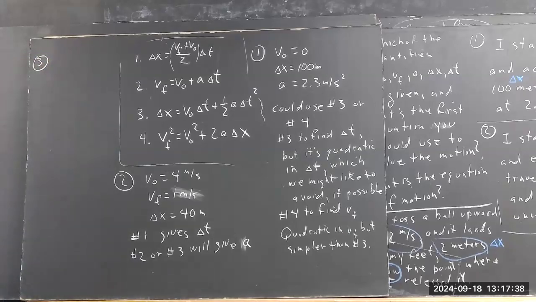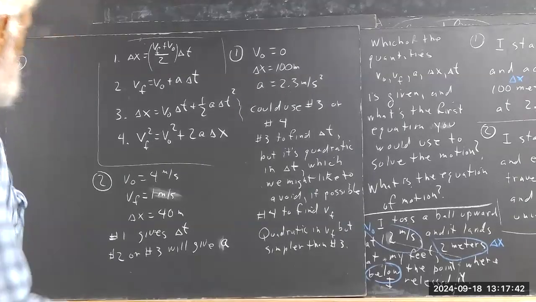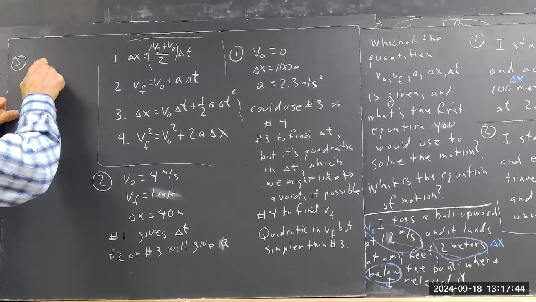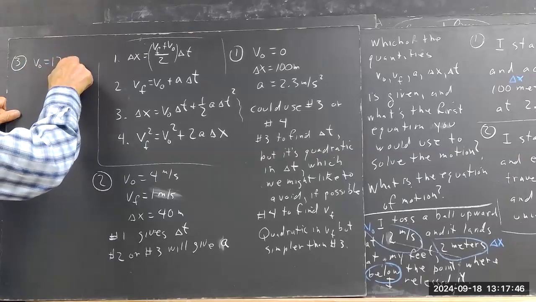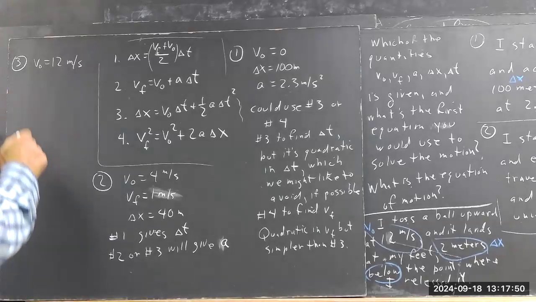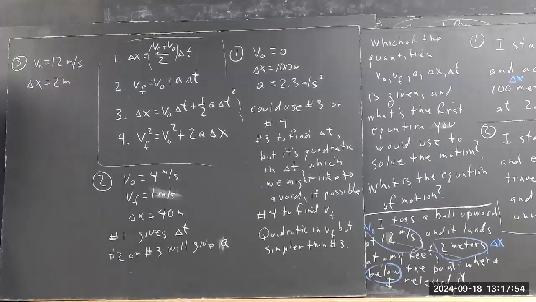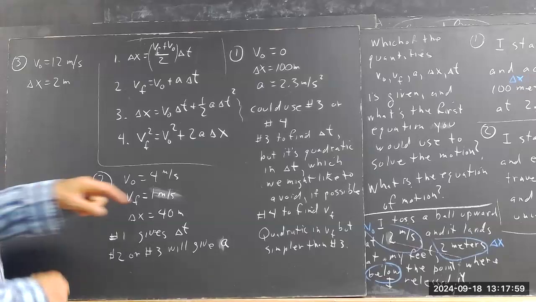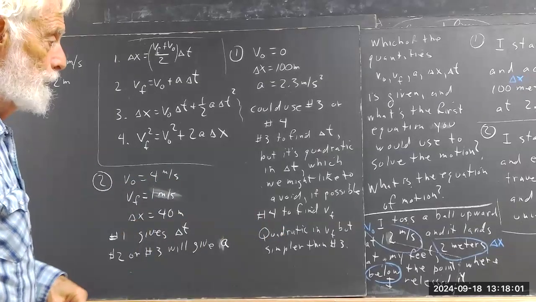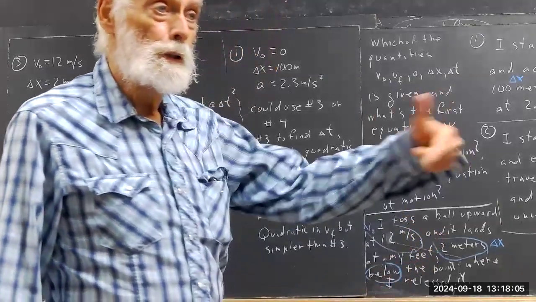So number 3, it's a little trickier to get this stuff, okay? v naught, of course, is 12 meters per second. And delta x is 2 meters. Oh, it's not really 2 meters. It's 2 meters below, which means 2 meters down, isn't it?